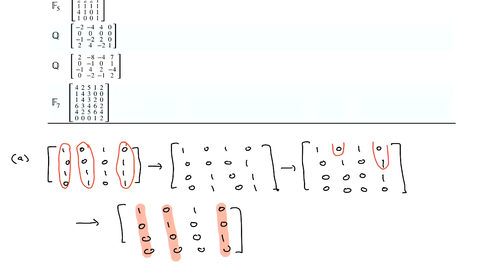Okay? Because row operations clearly don't change the span of the rows. So here it's clear from the reduced row echelon form which rows form a basis of the row space. In this case it's just the rows that have leading ones.